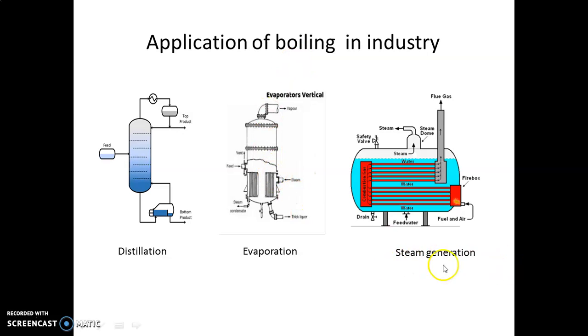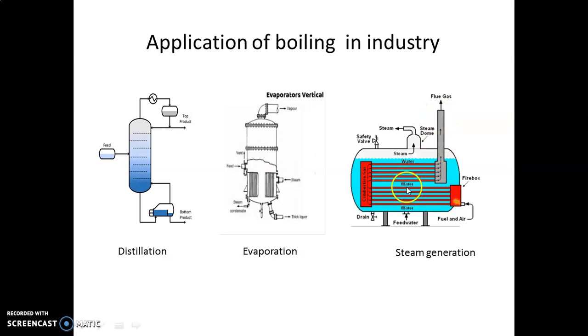The next one is steam generation, or the boiler. In a boiler, we feed the water from here. This water is heated by flue gases. The fuel plus air mixture is admitted from here, flue gases are produced from it, and these flue gases are circulated through these tubes.